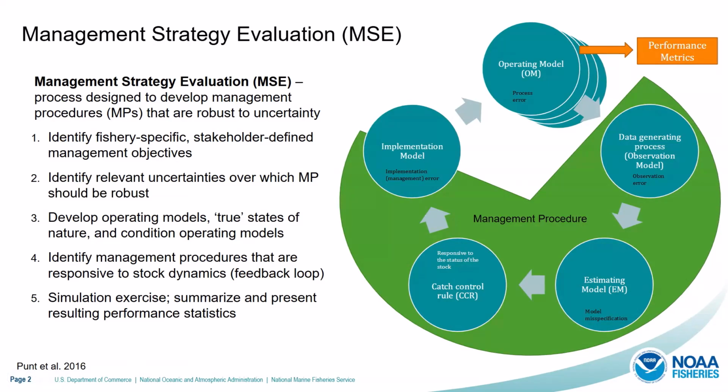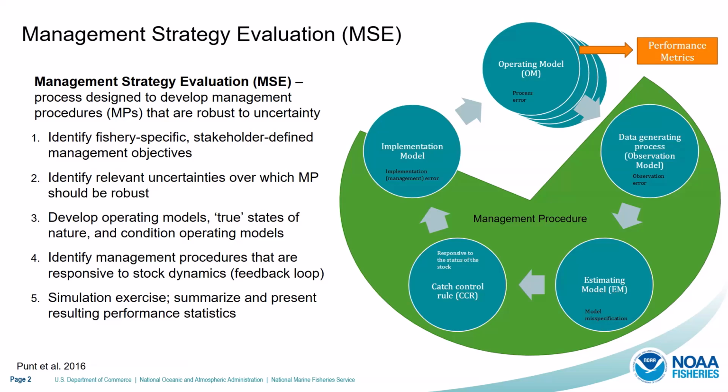The first is to identify fishery-specific, stakeholder-defined management objectives, and these should be reflective of what the stakeholders want to get out of the fishery, and they should also include consideration of legal Magnuson-Stevens mandated fisheries management goals.